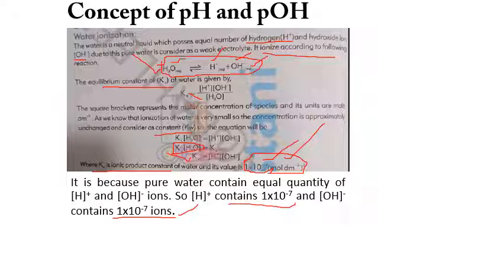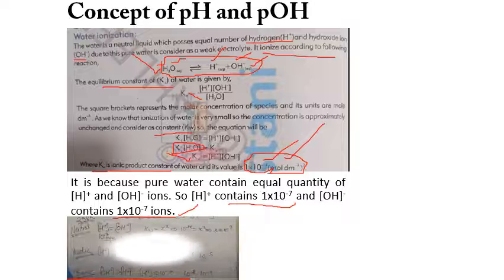So when finding the quantity of H plus and OH ion in neutral water, it means 10 power minus 7 mole per liter concentration of H plus ion and 10 power minus 7 concentration of OH ion.